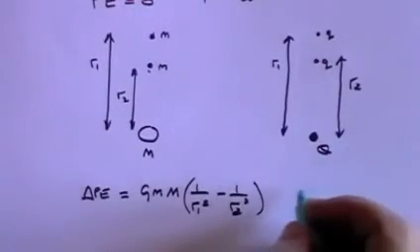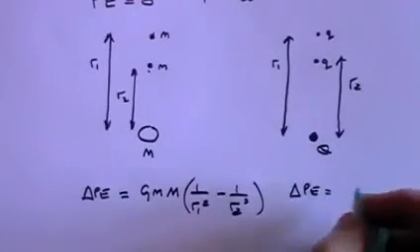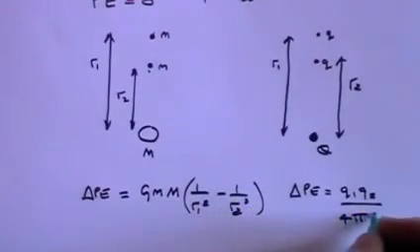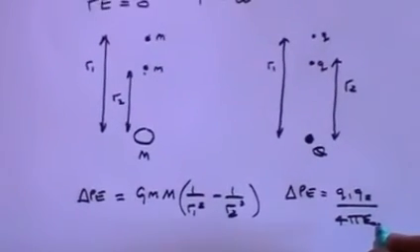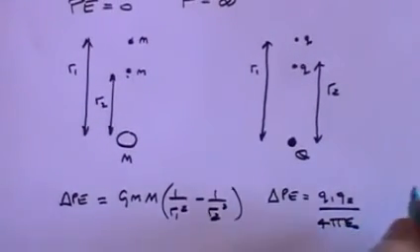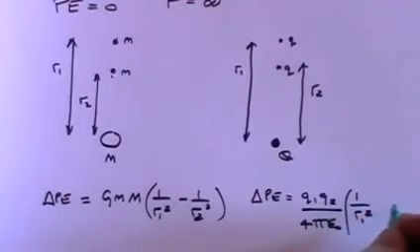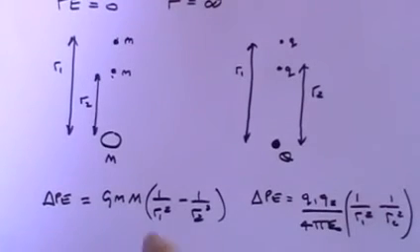And here, the difference in potential energy is equal to Q1 Q2 divided by 4 pi epsilon naught, where epsilon naught is the permittivity of free space, into 1 over R1 squared minus 1 over R2 squared. And you see then a similarity. The 1 over R1 squared minus 1 over R2 squared is common, and these are simply the basis of the energy either in the gravitational field or in the electric field.